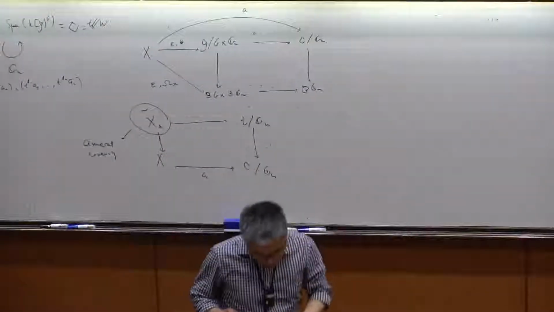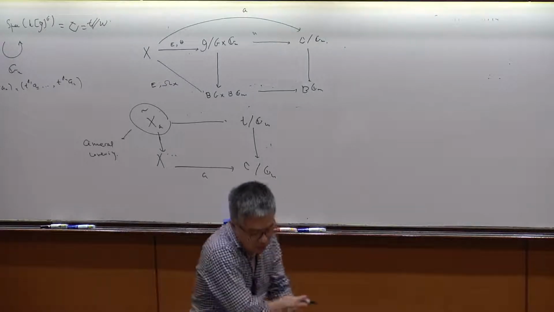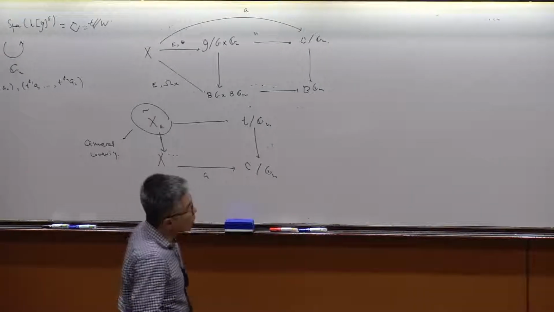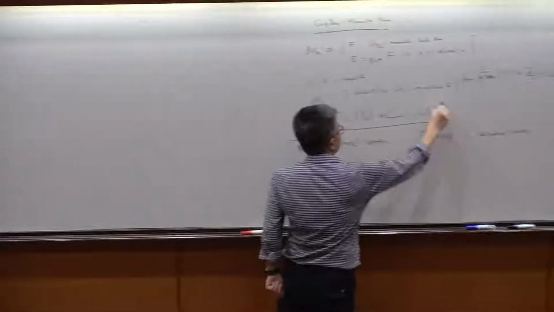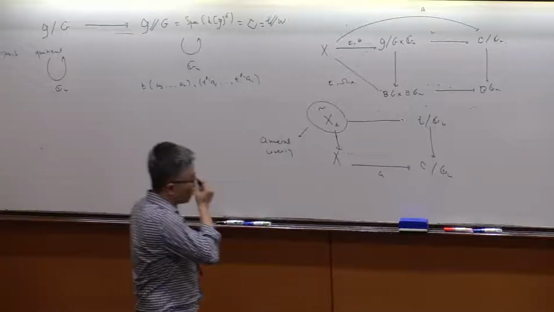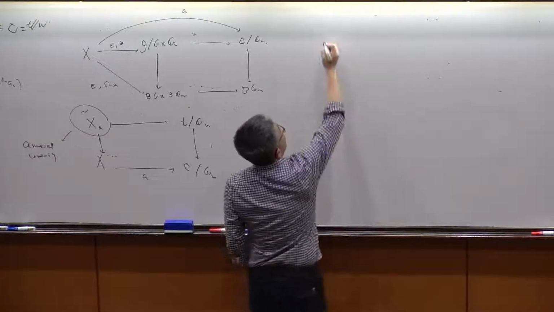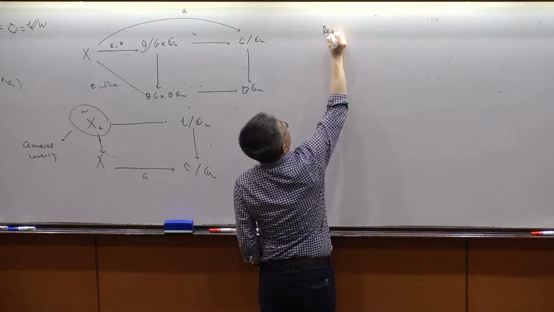Okay, just one last word. In the case of curves, that is a very basic structure that you want to construct for every group. And in order to construct the Prym, the essential ingredient is the regular centralizer.